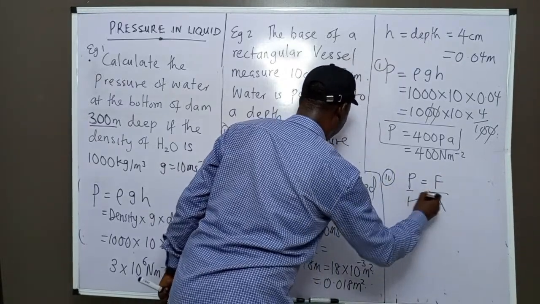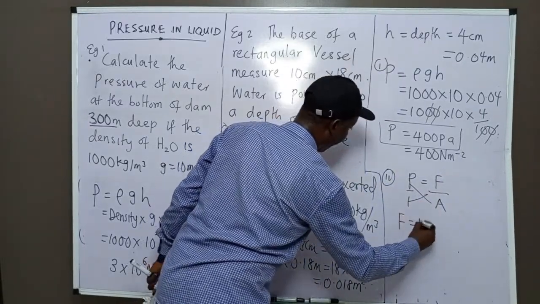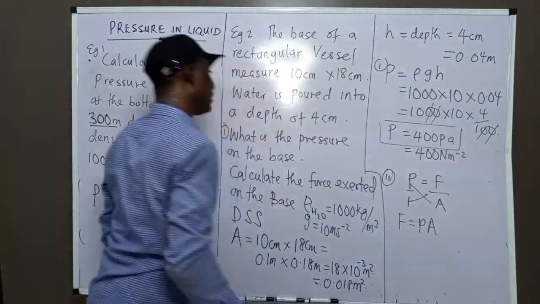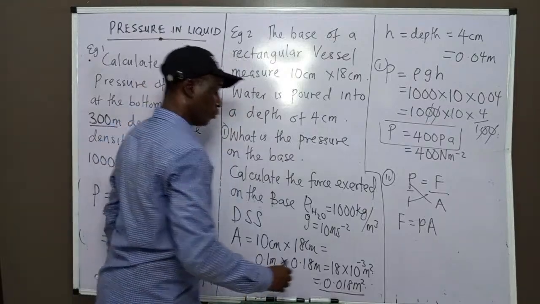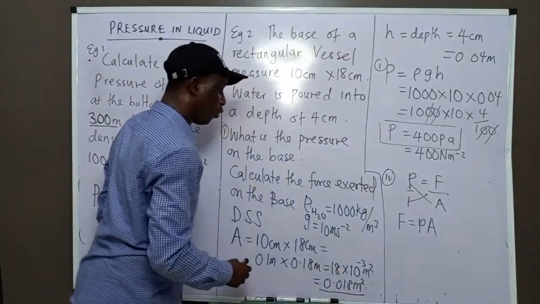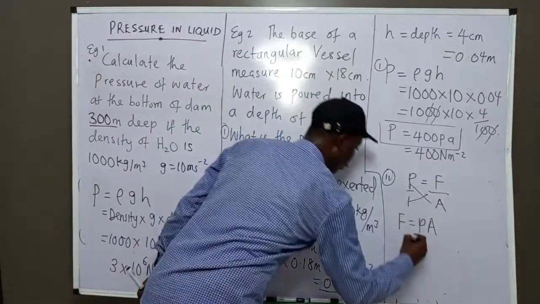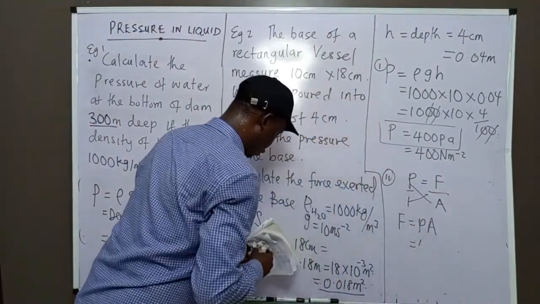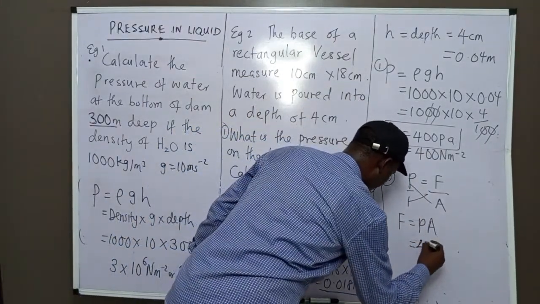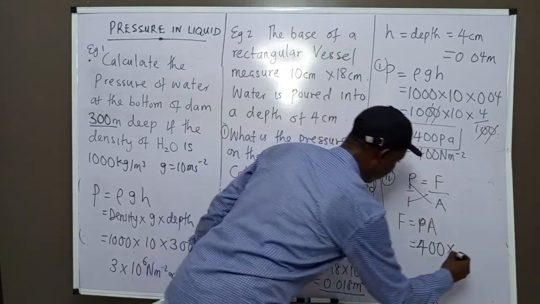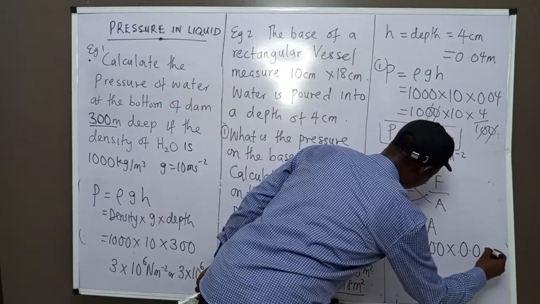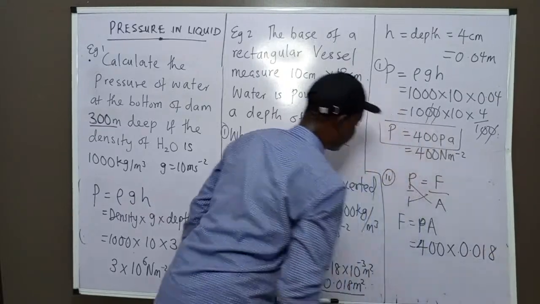Then you cross multiply, you have force equal to pressure times area. Now, what is the base area? The base area is this, which is A. Then the pressure is 400. So we would have 400 times the base area, 0.018.